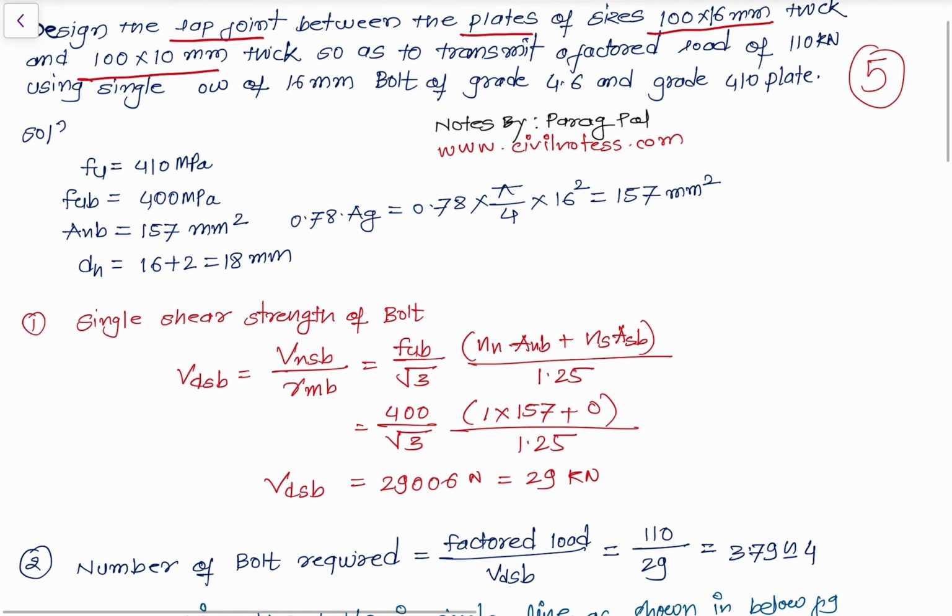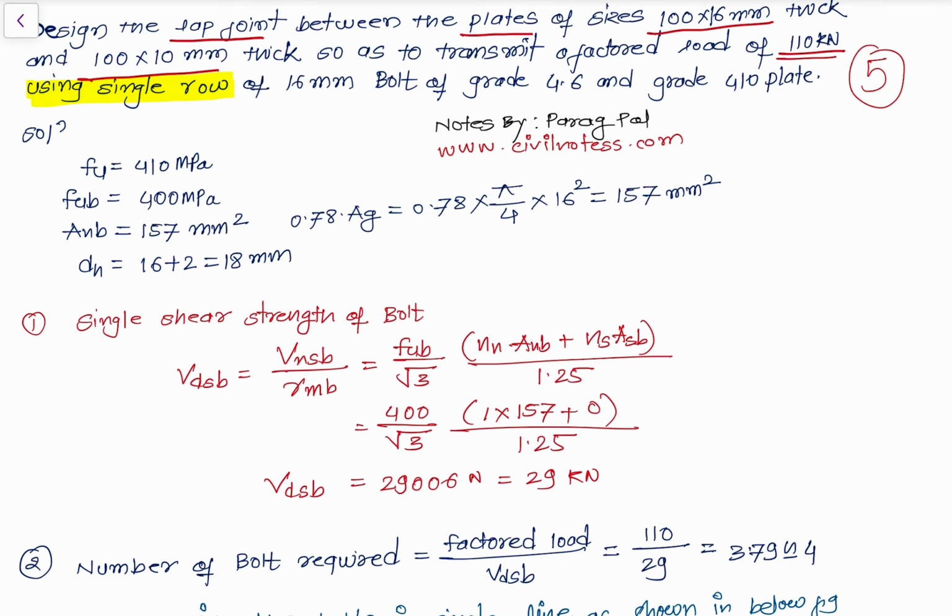Now in the numerical it is mentioned to transfer a factored load of 110 kilonewton using a single row. This is a very important sentence. Using single row is very crucial because single row brings lots of impact in the numerical.